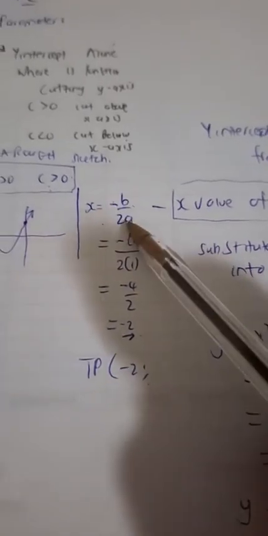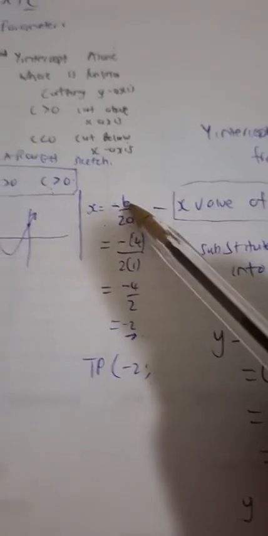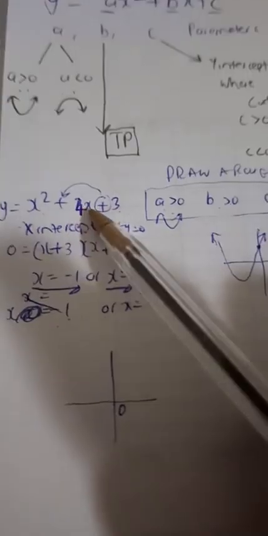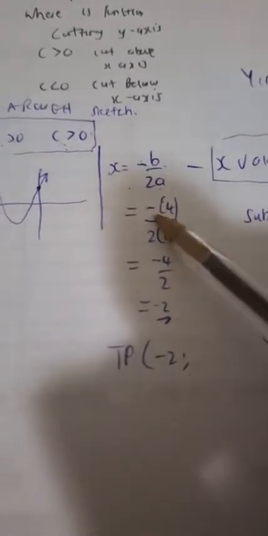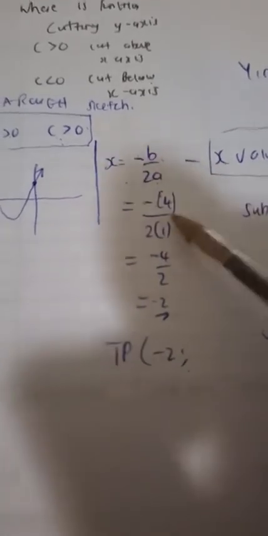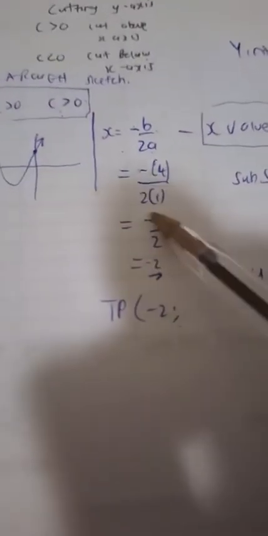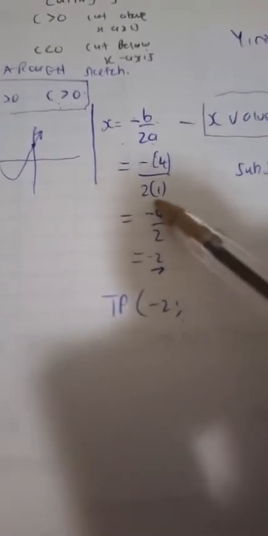Now we can get our turning point using this formula. X is equal to minus b over 2a. b is the coefficient of x. We write the negative, obviously, as the formula states. Then in brackets, we put the 4 over 2. We substitute in the place of a the coefficient of x squared, which is 1. So it's 2 times 1. We get negative 4 over 2. The division of these two gives us negative 2.